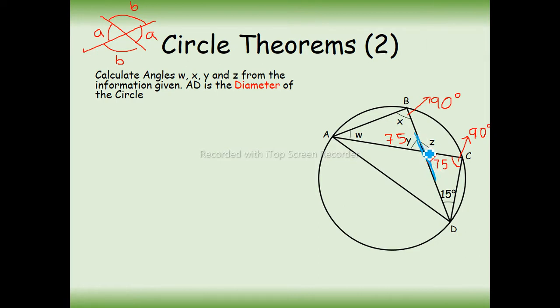Angles on a straight line. Yeah, you could minus 180 from 75, but I prefer to do it the other way because that's something I could remember. What if you didn't have this being vertically opposite?